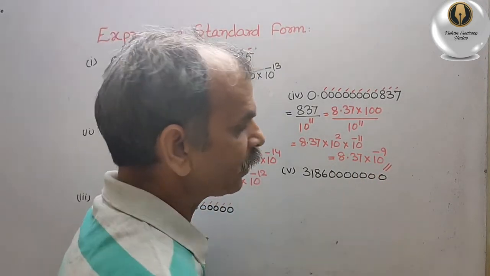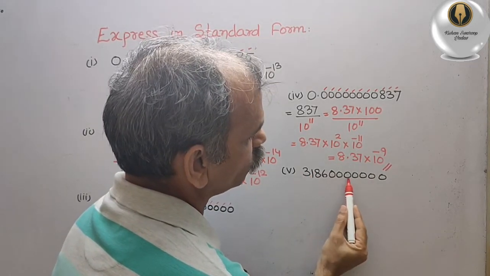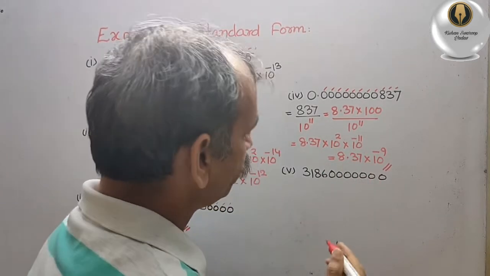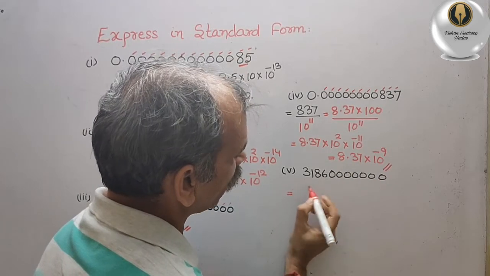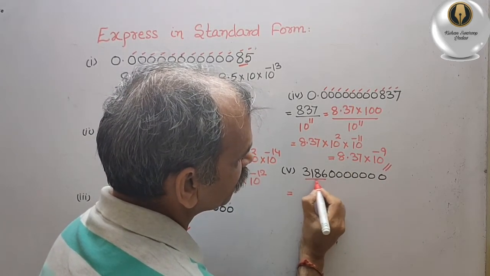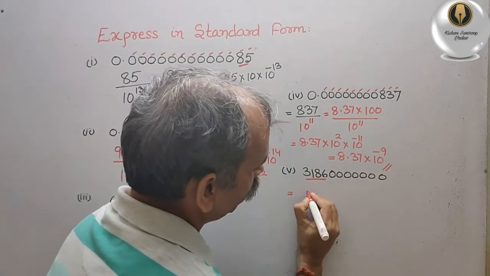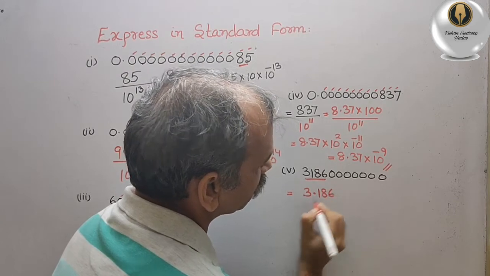Here, what they have given? 3186,000,000. How you will write? We have to write like this. First, we have to write this is our value 3.186. So we will write here 3.186.